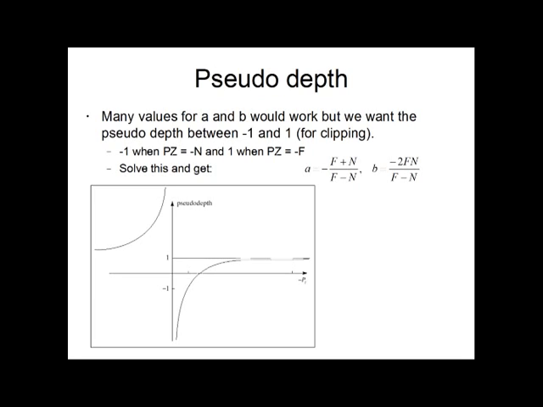So anything that lands on the near plane should get a pseudo depth value of -1, and something that lands on the far plane should get a pseudo depth value of 1.